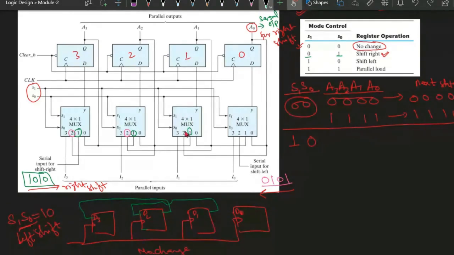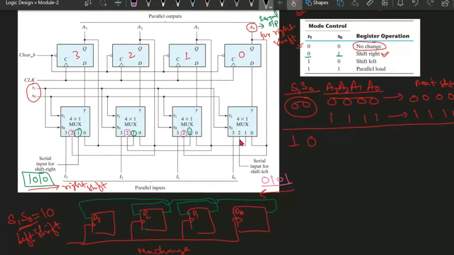Similarly, if we talk about the 2 here, for flip flop D1, its input is connected to this 2. This 2 is basically connected with A0. A0 is this one. A0 is connected with the input of D1.